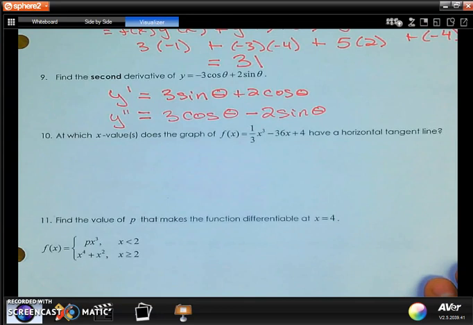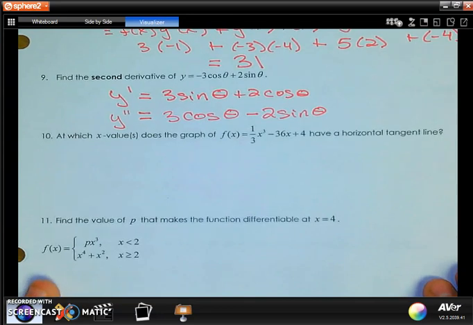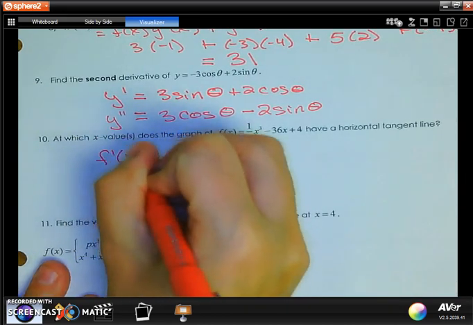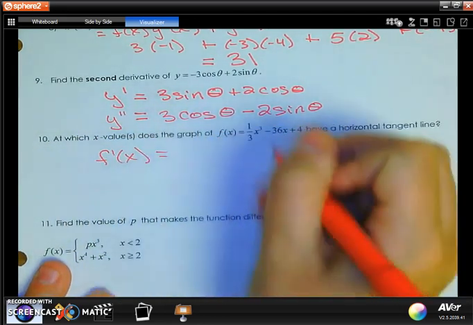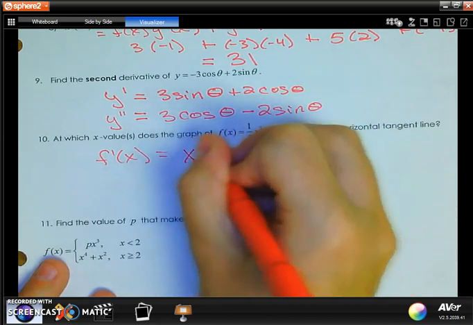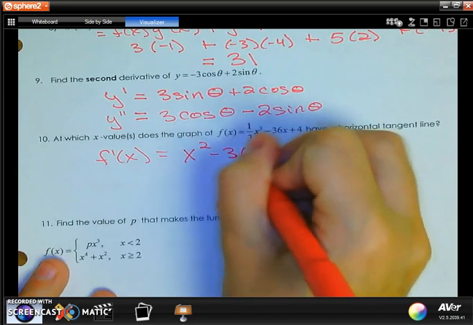Okay. At which x values does the graph of f of x have a horizontal tangent line? Horizontal tangent line means that you're going to take a derivative and set it equal to 0. So when I take the derivative of this, that's going to be 1/3 times 3 is 1, so it'll just be x squared minus 36.